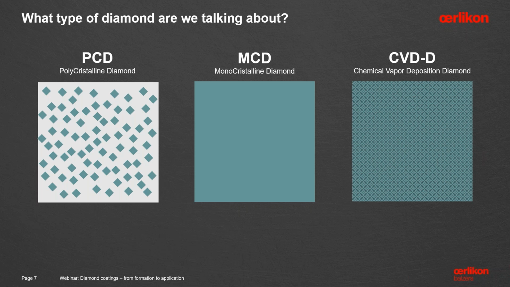Another technology of diamond is so-called monocrystalline diamond. In that case, that's one piece of diamond that is grown in one single structure. And the other one here is CVD diamond. That's an assembly of diamond crystals, and that's what we do typically on the coating side.